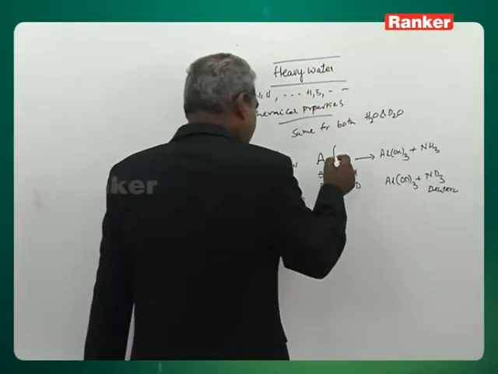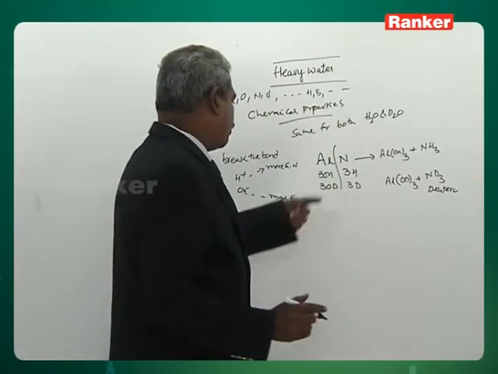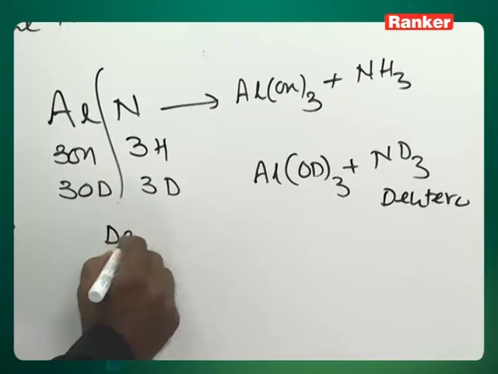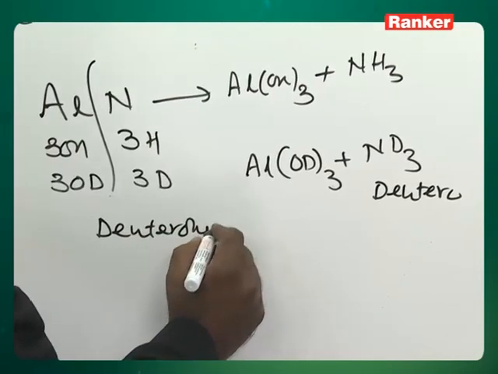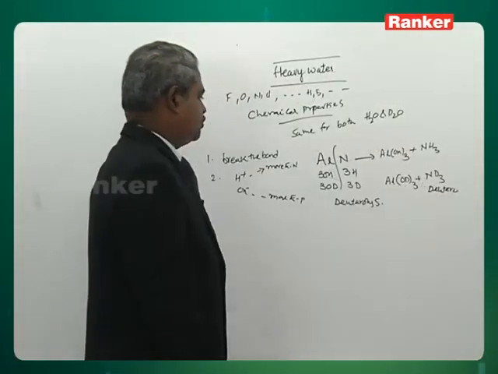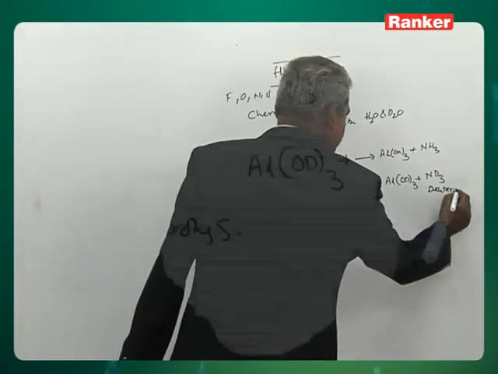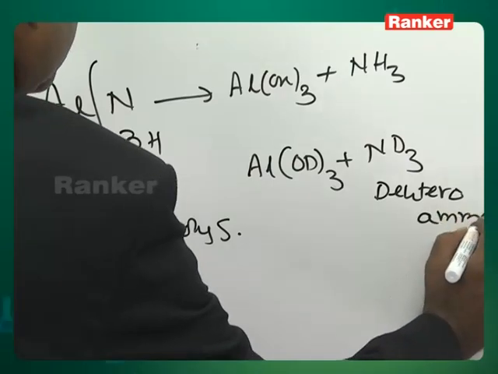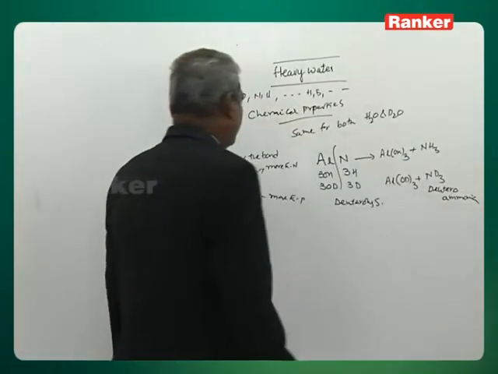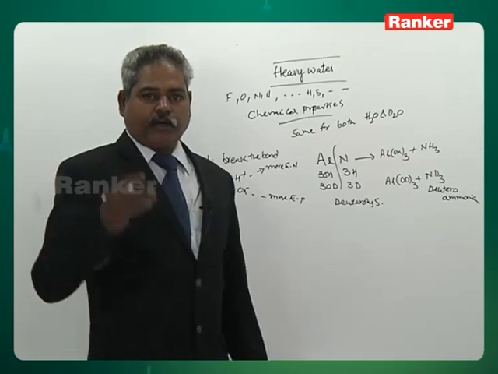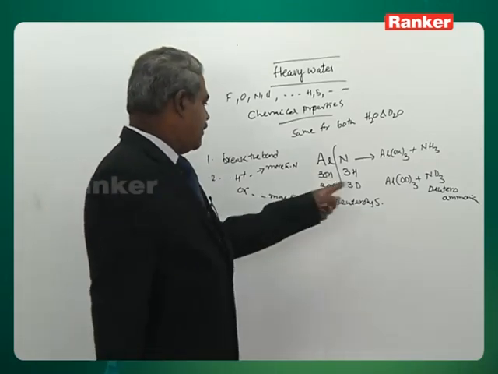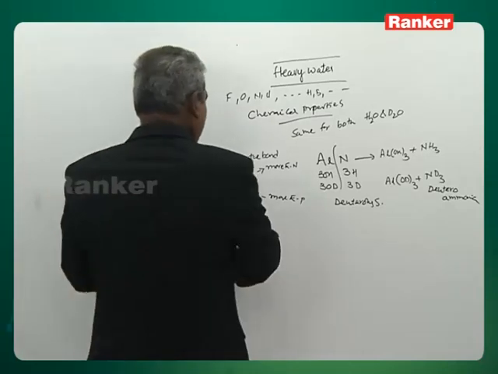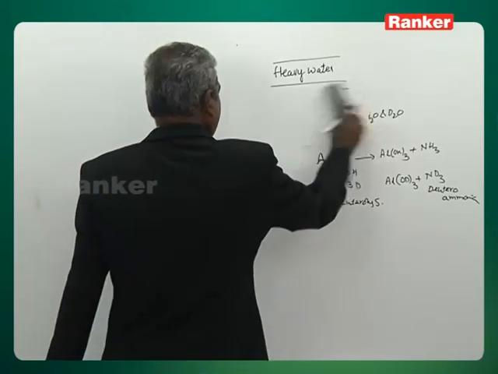This is called hydrolysis; you call this deuterolysis, since it is done by deuterium oxide. So, this is deuteroammonia. Before you add D2O, you just do it easily with H2O and copy that to DOD. Then you know the chemical reactions of D2O.